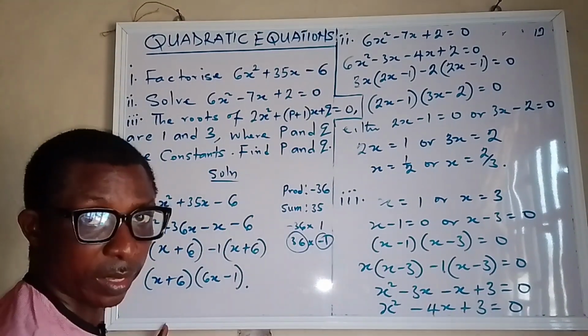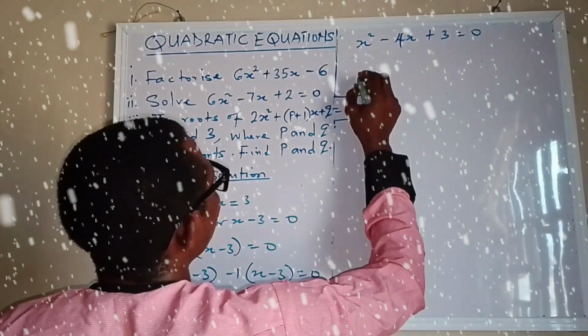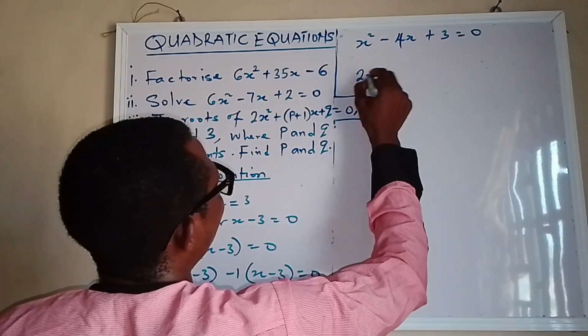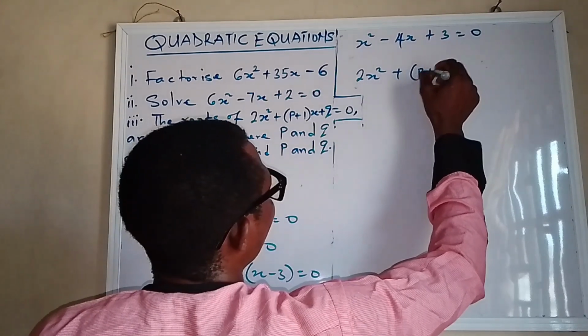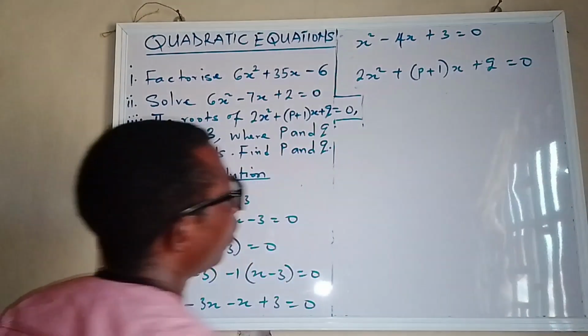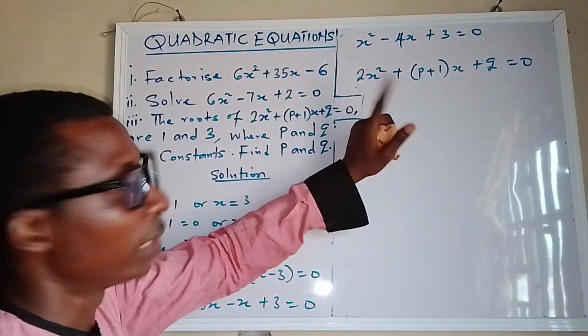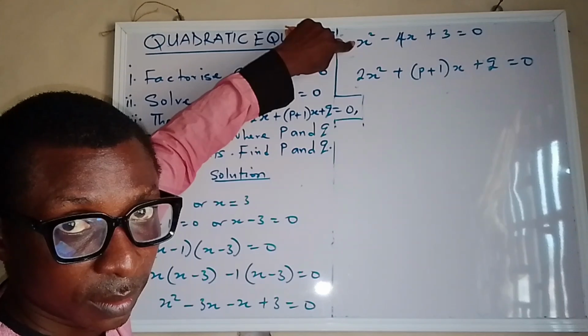So we compare the two equations. We have 2x squared plus (p plus 1)x plus q equals to 0. Now I want to compare this and this together. Now it's clear that the coefficient of x squared here is 2.